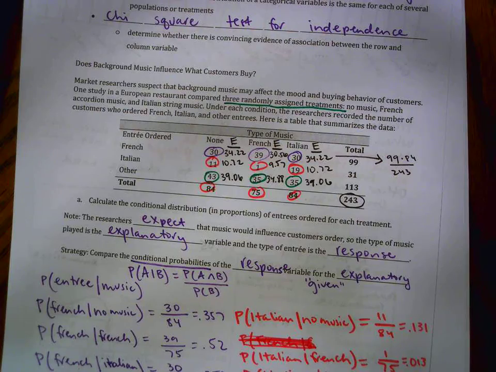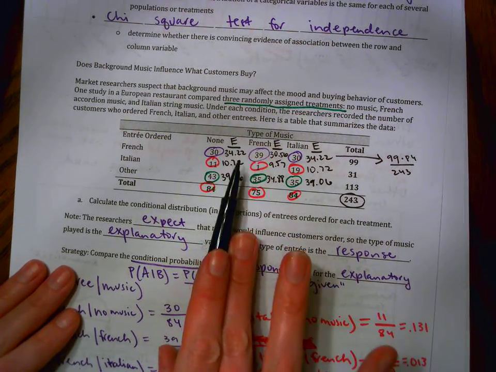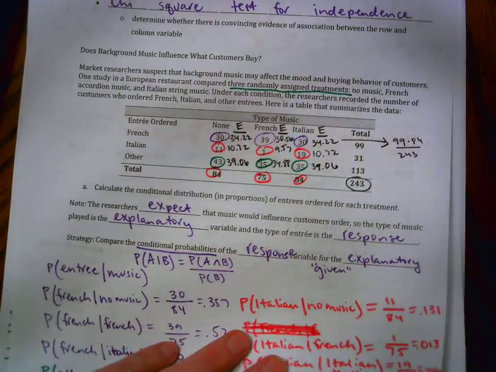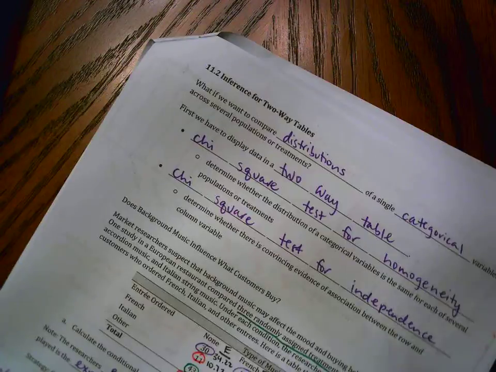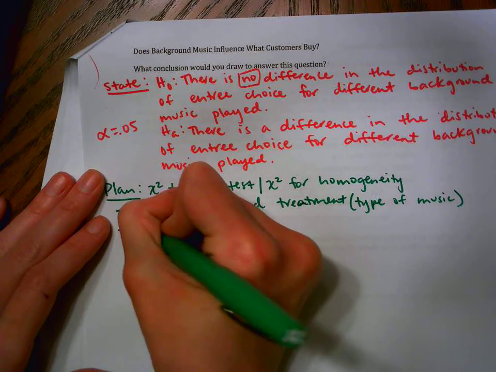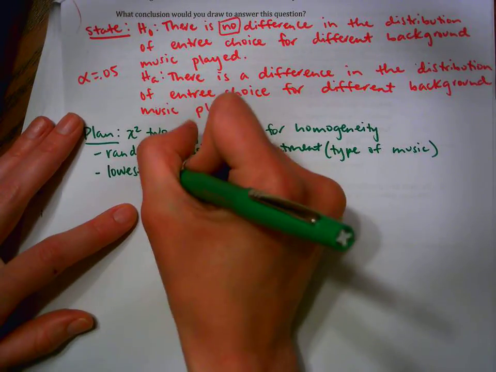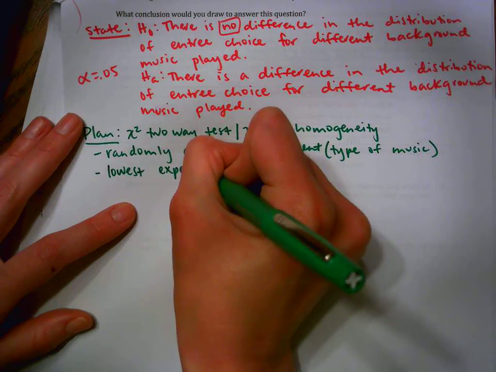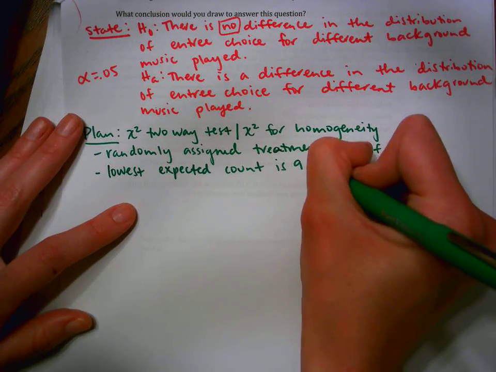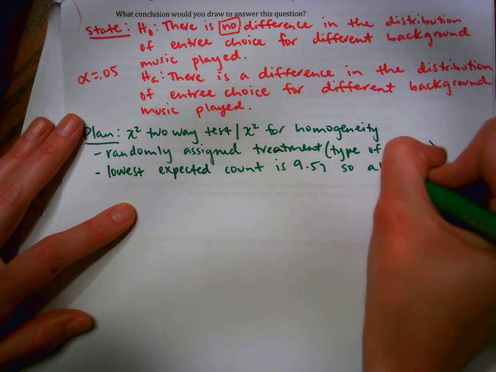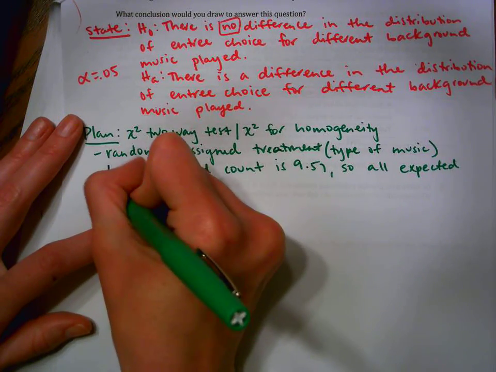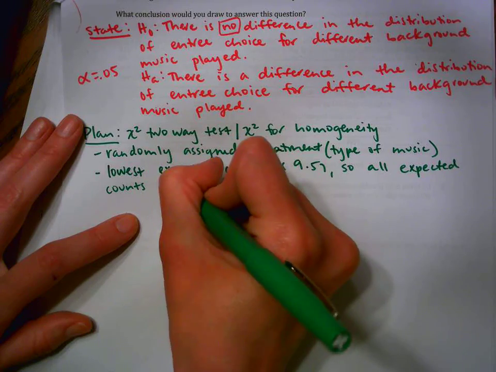Okay, so what did we want to check? What's our condition? That all these expected numbers are greater than 5, right? And our lowest is 9.57. So instead of rewriting all of those, as long as you listed them all out, I'm just going to say lowest expected count is 9.57, so all expected counts are greater than 5.